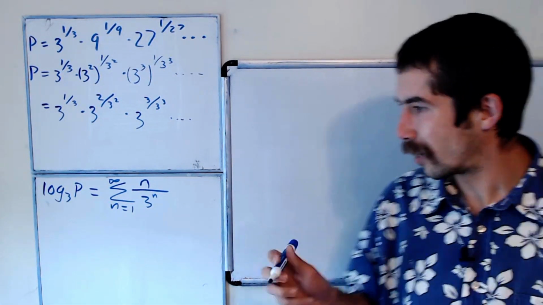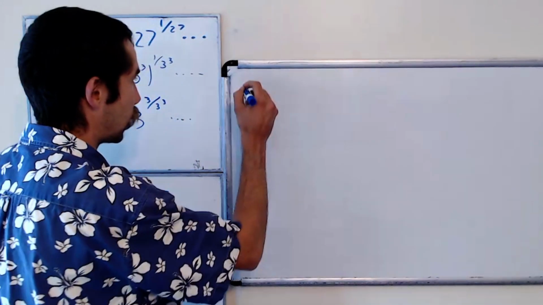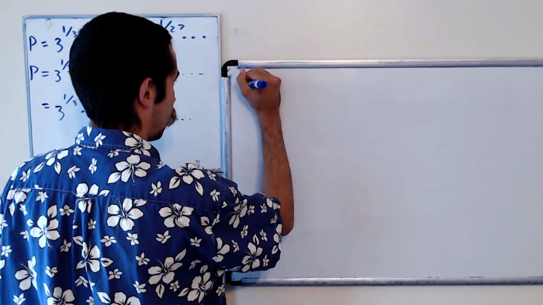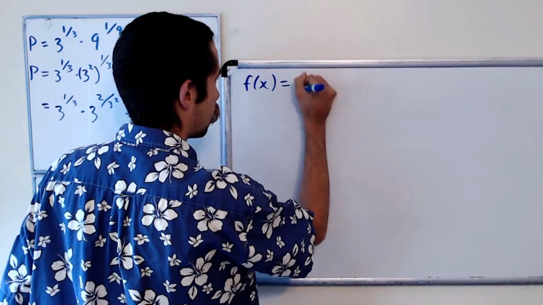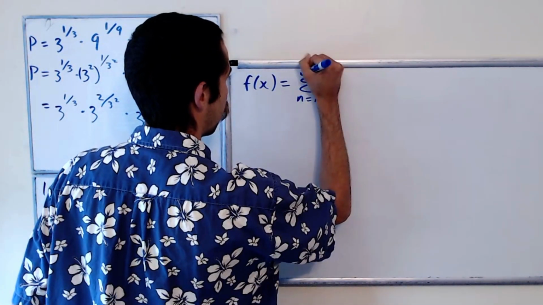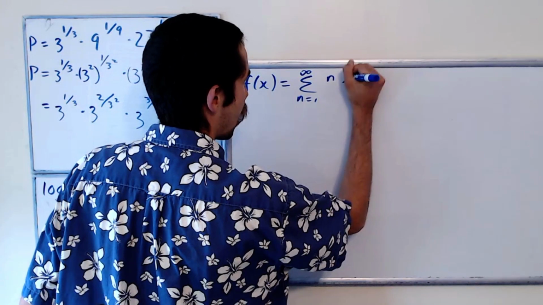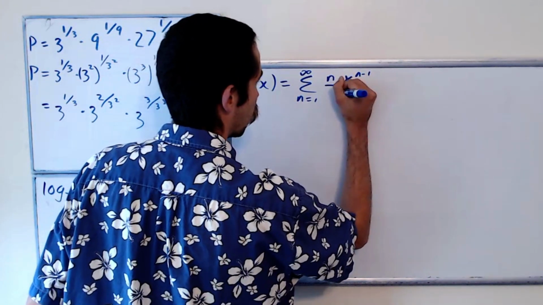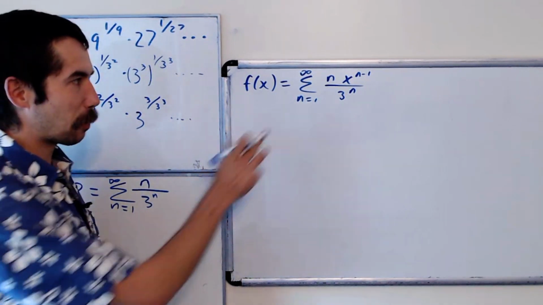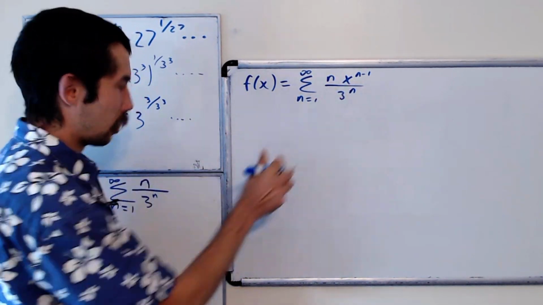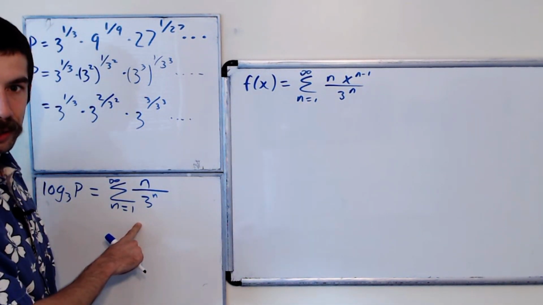Okay, and so let's consider the function f of x is equal to the sum from n equals 1 to infinity of n, x to the n minus 1 over 3 to the n. Okay, and when we plug in x equals 1, we get the sum that we're interested in.